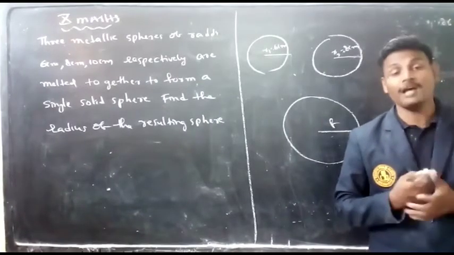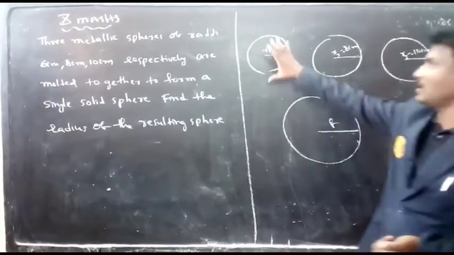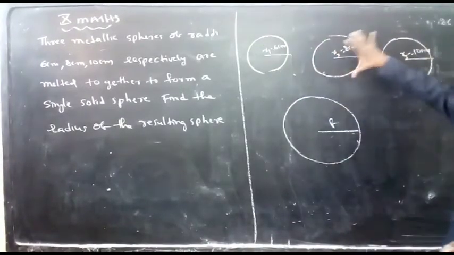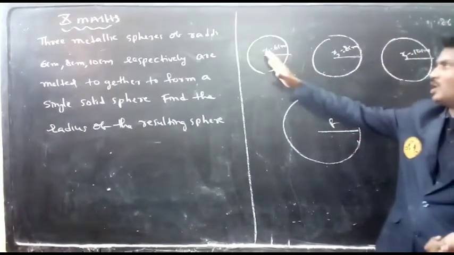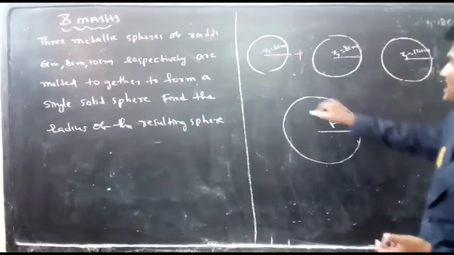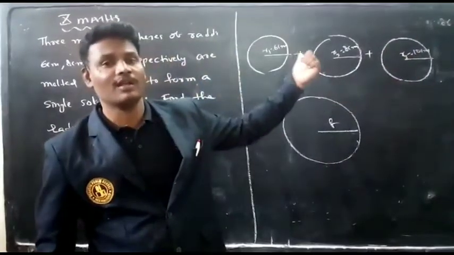You have to find the radius of the largest sphere. Here what is the conversion? Three spheres are melted and recast into a largest sphere, so the volume of the first sphere plus second plus third is equal to the volume of the largest sphere.